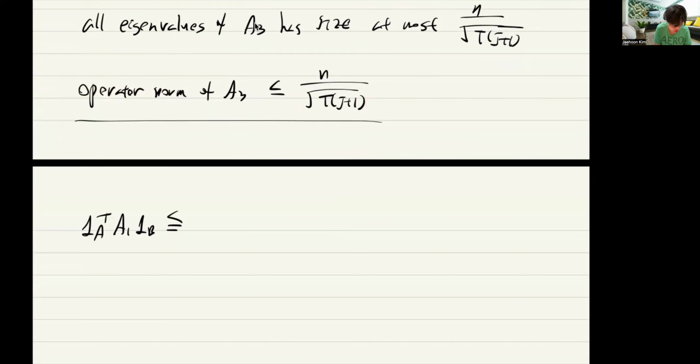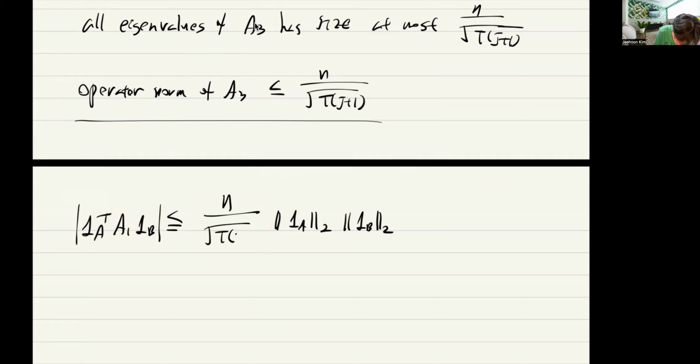Then once you multiply this with the vector here, and this vector, the final value is bounded. So its absolute value is bounded by the 2 norm of this and the 2 norm of this and the operator norm here, which is like n over square root of tj plus 1.